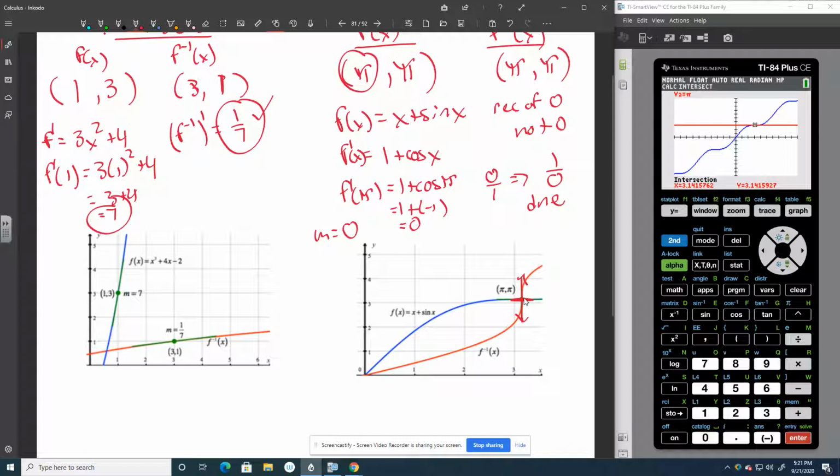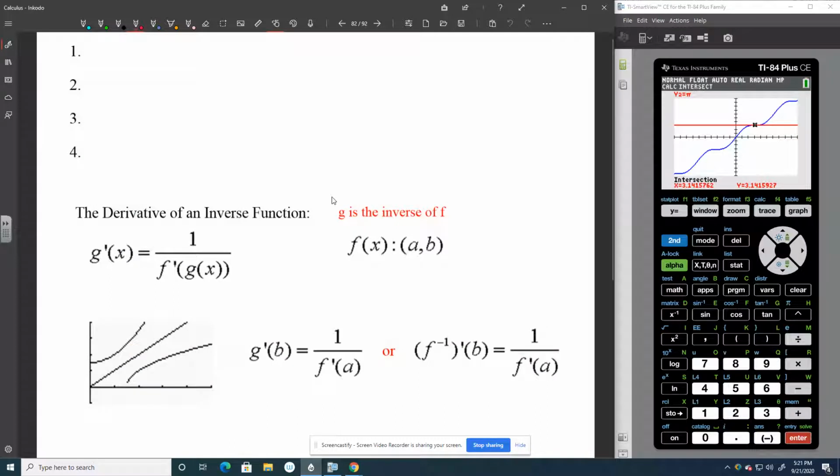Well, if my tangent line is vertical, I don't have a slope. It does not exist because it goes straight up and down. Okay. And you can always check that on the calculator if you need to. If you need to go ahead and plug those in to double check, you're welcome to. But let's just keep moving on here so we don't get a video too long.